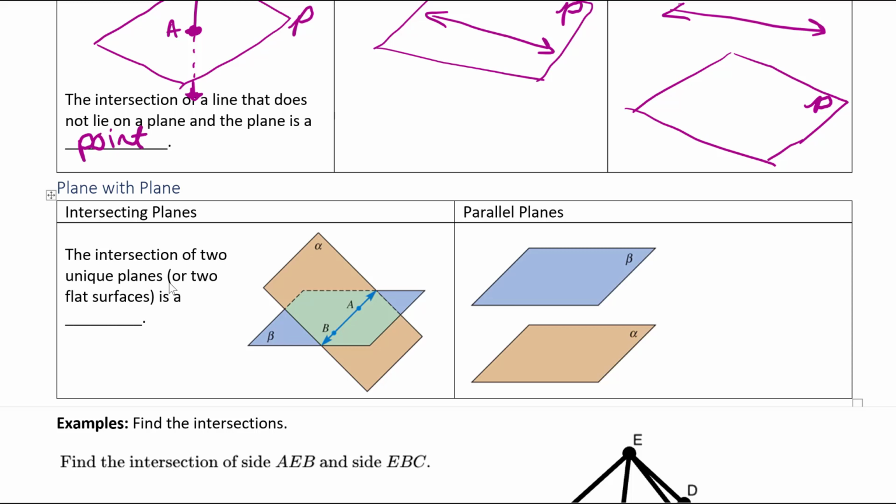And then we have plane beta, which is in blue, and they're intersecting here, and that intersection turns out to be a line, line AB. And the other option is two parallel planes. So if planes are parallel, then they never touch. Okay? So those are the ways that lines could intersect with lines, lines can intersect with planes, and then planes could intersect with other planes.